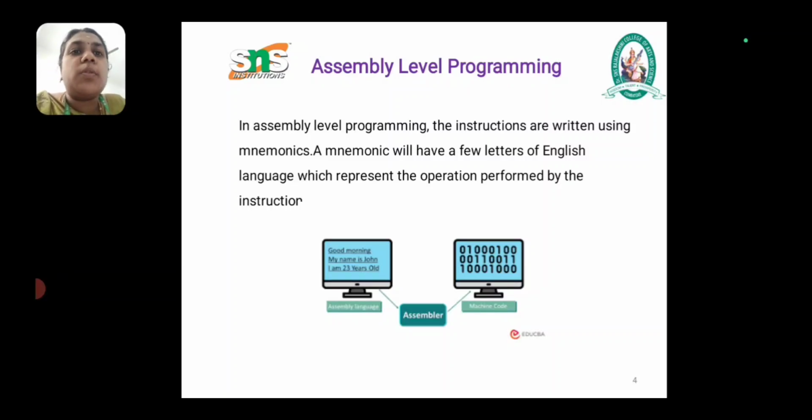Next, an assembly language program is instructions written using mnemonics. What is meant by mnemonics? Mnemonics are instructions in the form of words, for example move, add and subtract. All these mnemonics correspond to the ALU's arithmetic and logical operations.